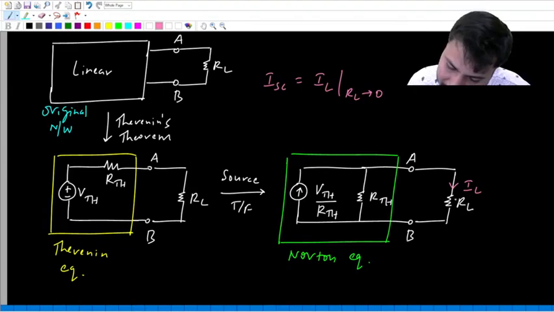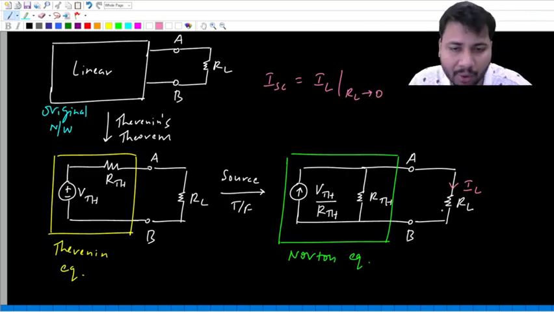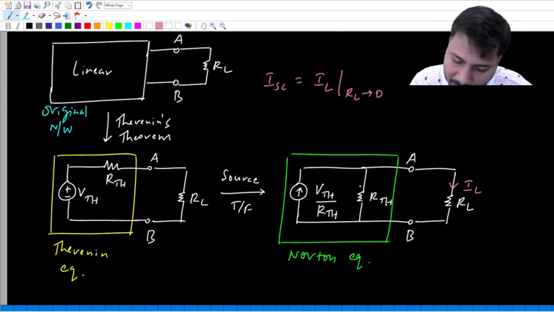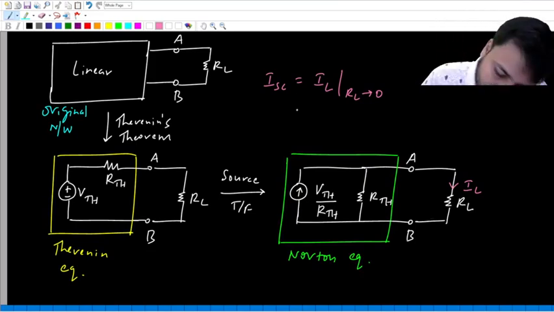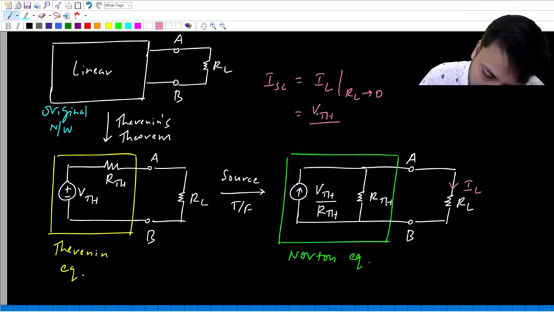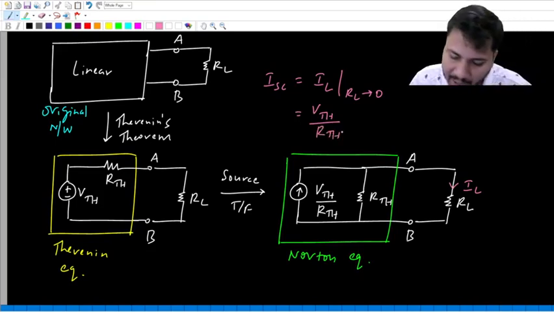In this case, when the load becomes a short circuit, this entire current will flow only in the short circuit, because the drop across a short circuit is 0. Then the drop across this RTH also becomes 0. Zero drop means zero current through the internal resistance, and the entire source current will flow through the load. So what is ISC? It is equal to the source current, that is VTH by RTH.